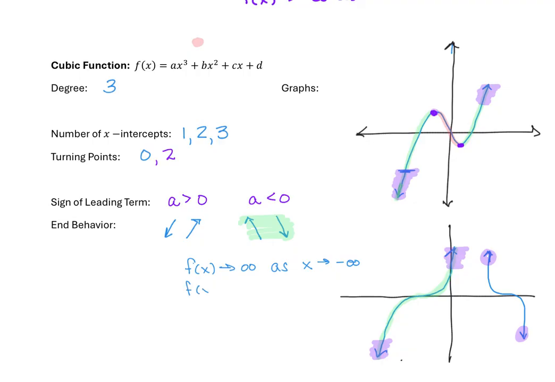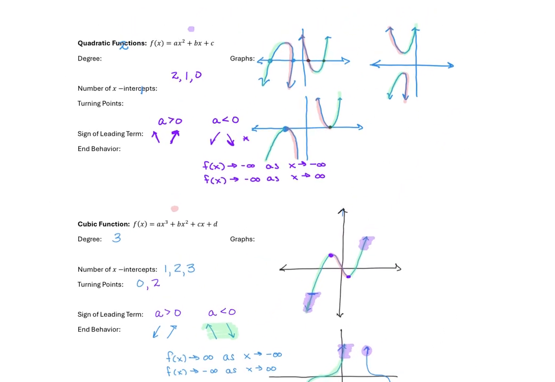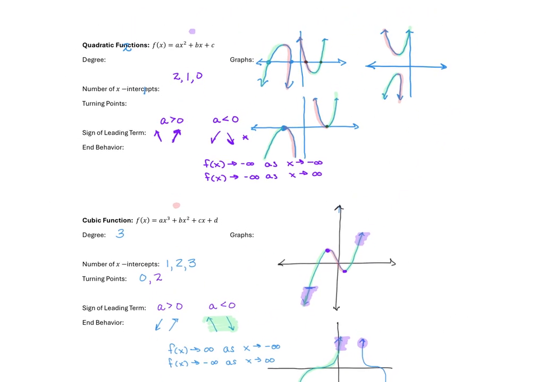We also have the second half of this, which is f of x goes towards negative infinity, or it goes down as x heads towards positive infinity, or as x goes to the right. All right, these are the next 2 that we have. We have our quadratic and we have our cubic.